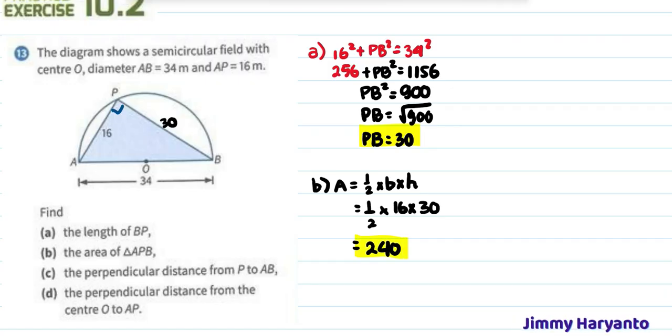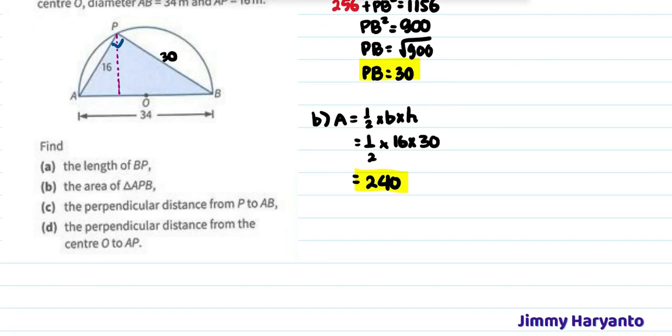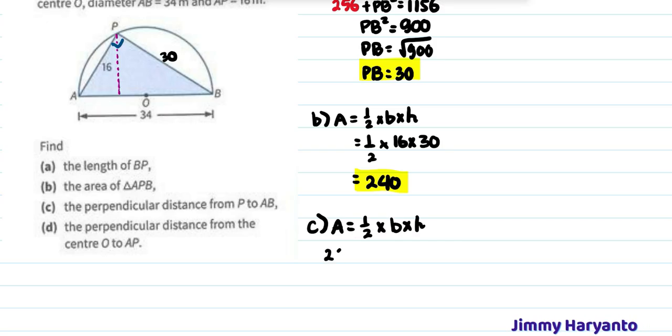Next, perpendicular distance from P to AB. Perpendicular distance from P to AB is this one. You can use the area that we already have before. So we have another area which is half times base times height, but the area is still the same. We are talking about the same triangle, that means the area will be the same.